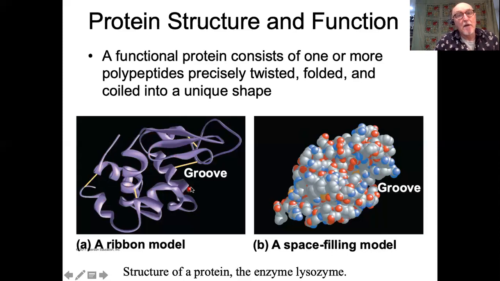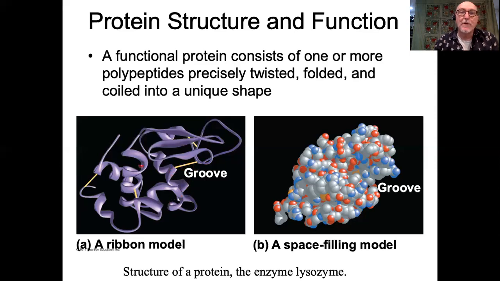And what it has done is create a groove here. Concentrated in that groove are the side groups of various amino acids whose interaction will break down a particular molecule called peptidoglycan, which forms the cell wall of bacteria. And that activity is limited to this little area here, and we call that the active site.